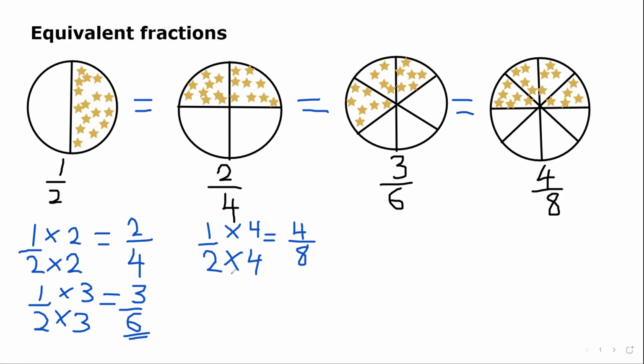Okay, good. If you still want a different fraction with different numerator and different denominator that will be equal to 1 over 2, then you pick any other number, then use the same number to multiply the denominator and at the same time the numerator.